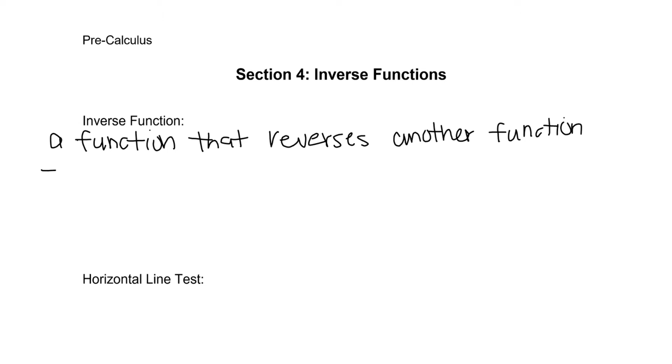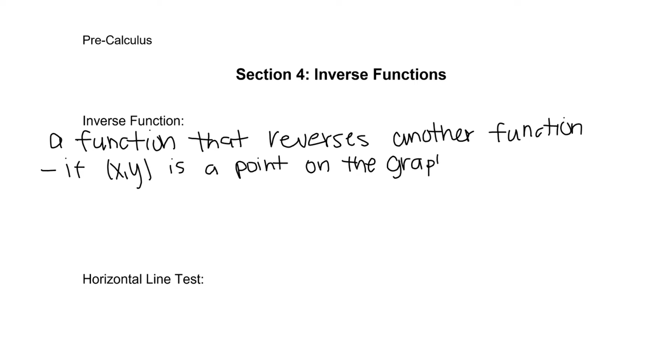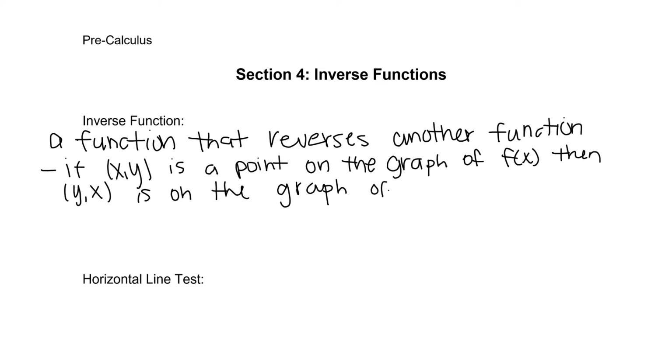What that means is if (x, y) is a point on the graph of f of x, then the reverse of that point, which is (y, x), is on the graph of the inverse, which we use this notation to denote an inverse.